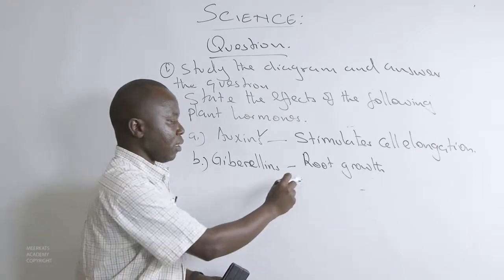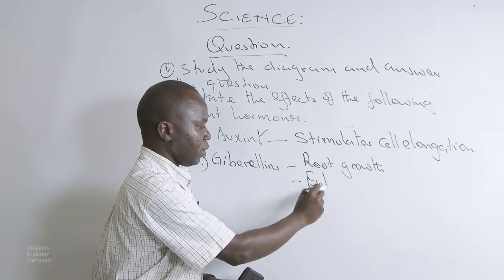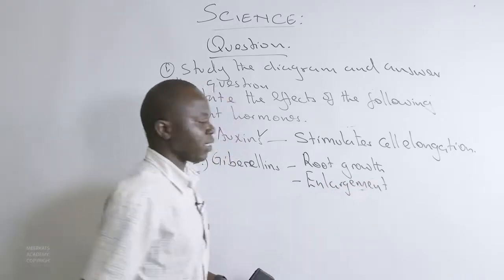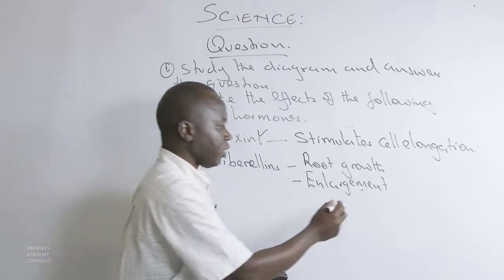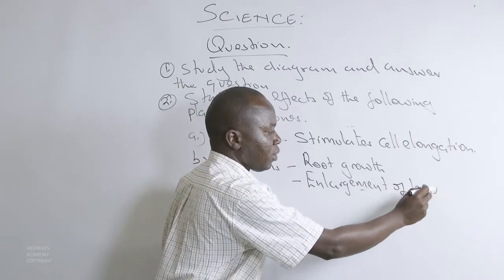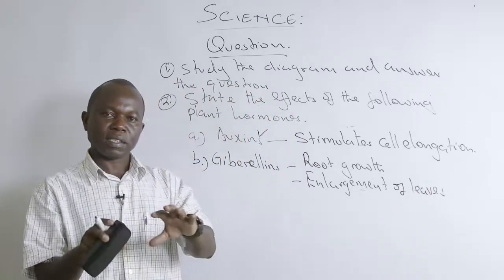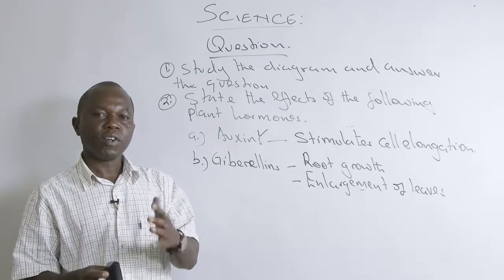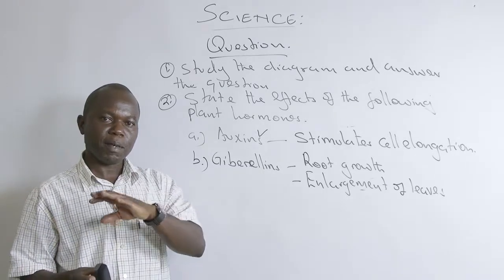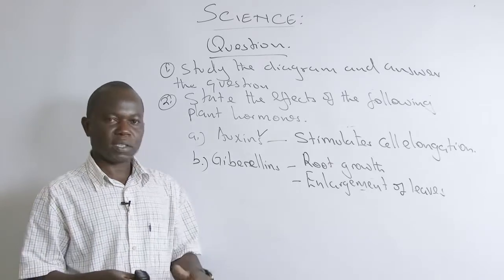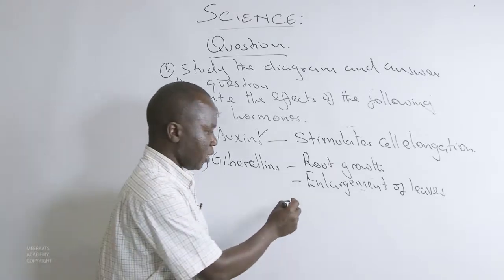And then another one, enlargement of leaves. After leaves have been formed in the shoot, there will be enlargement of leaves, which is important so that it increases surface area for trapping of sunlight and also for gaseous exchange. Remember, carbon dioxide is very important in photosynthesis, the major raw material.